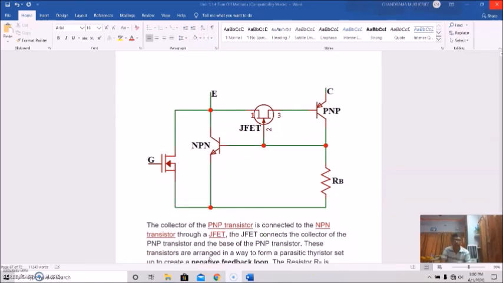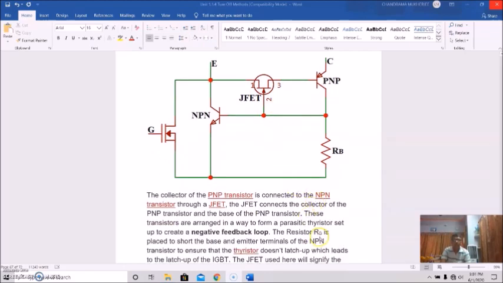Now, the collector of the PNP transistor is connected to the NPN transistor through this JFET. The JFET connects the collector of the PNP transistor and the base of the NPN transistor, and these transistors are arranged in such a way as to form a parasitic thyristor setup to create a negative feedback loop.